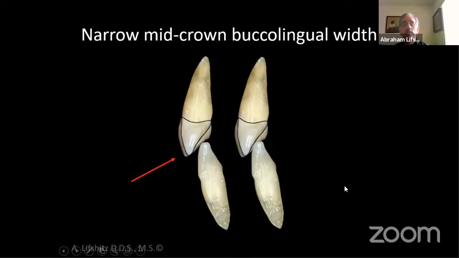You can see on the left side, if we do not do enameloplasty, take a look at the buccal overjet between the canine that will be used as lateral incisor. When we do an enameloplasty, that buccolingual overjet will be reduced. So those are the things that we need to take into consideration regarding the anatomy of the crown of the canine.